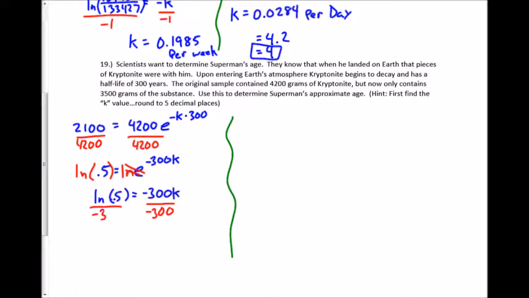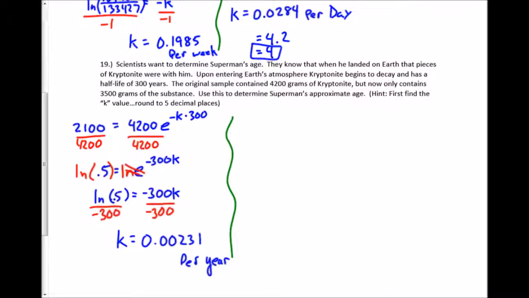And so this is going to establish my k value, which essentially breaks this down per year then. So I've got the natural log of 0.5 divided by the negative 300. So I find out that my k value is approximately 0.00231. That's what I'm going to round it to. And again, that's per year. And that's why I've done this. With the half-life being 300 years, I have this in increments of 300 years. I wanted it in increments of 1 year to make it easier to calculate.